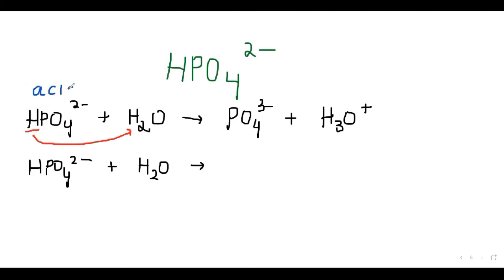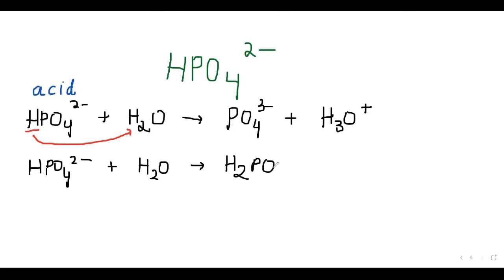Acid is proton donator. And this is for HPO4 acting as a base. Base means can receive, a proton acceptor. So they will accept the proton, and the proton will be given by H2O. So the reaction will be like this.